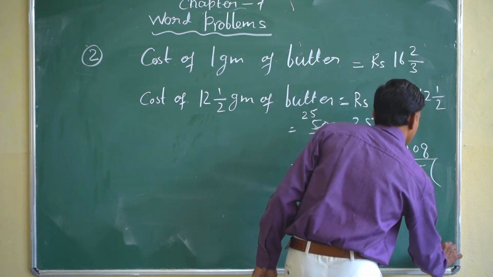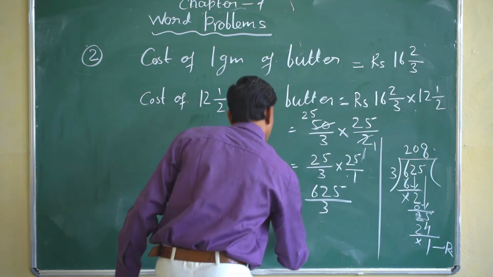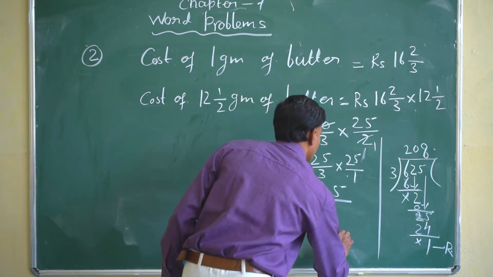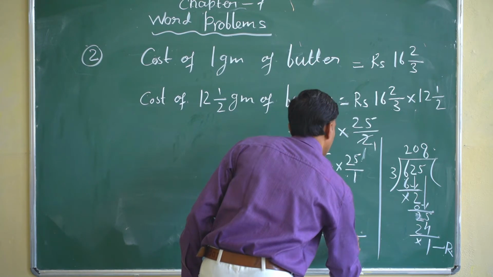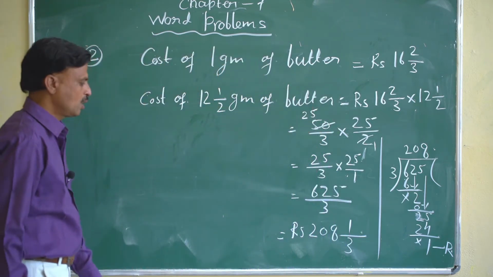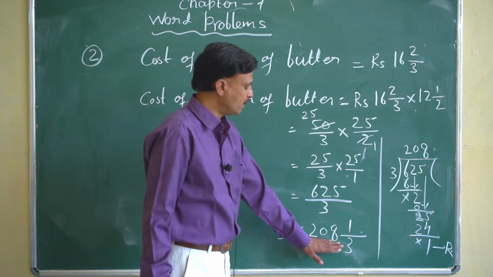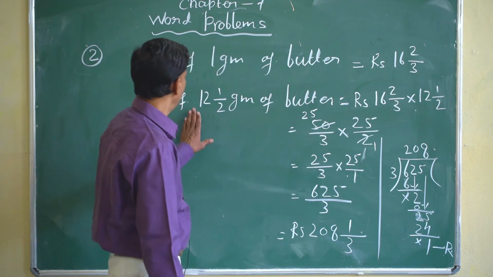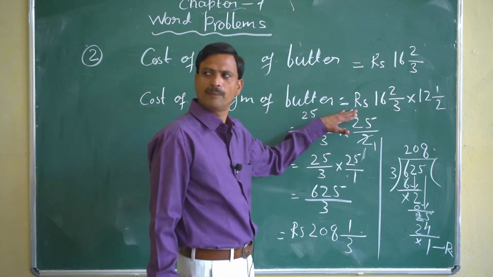So 1 is the remainder and this is the quotient. So this value we can also write as rupees 208 whole number 1 upon 3. This 208 1 by 3 is the cost of 12 and a half grams of butter. Got it?